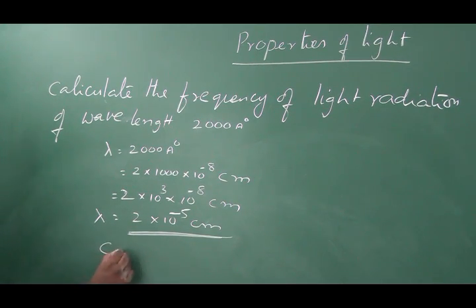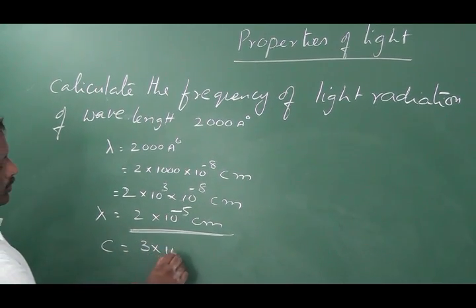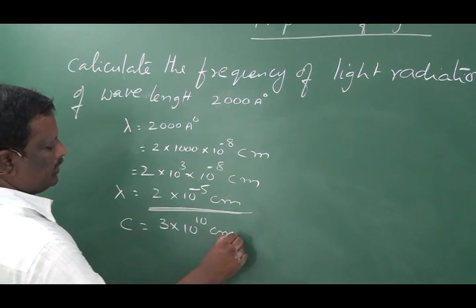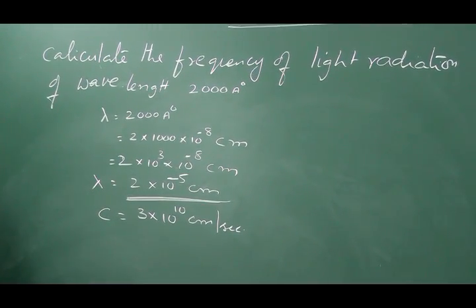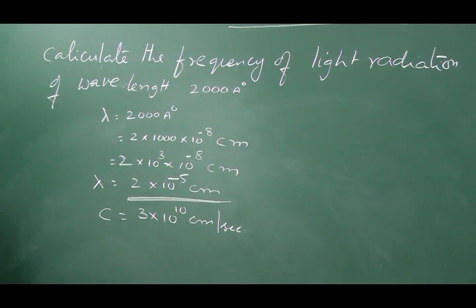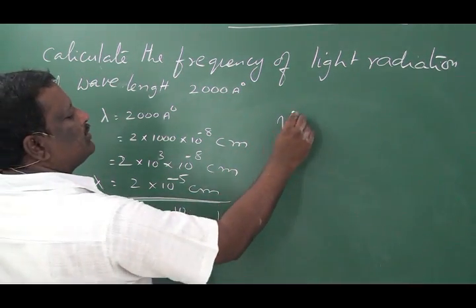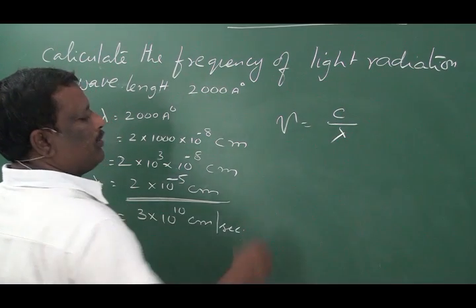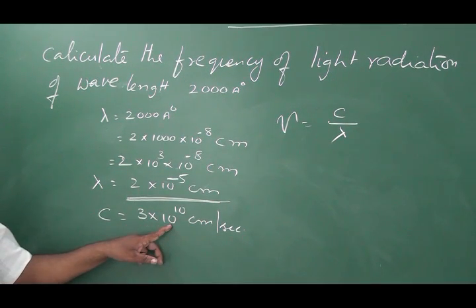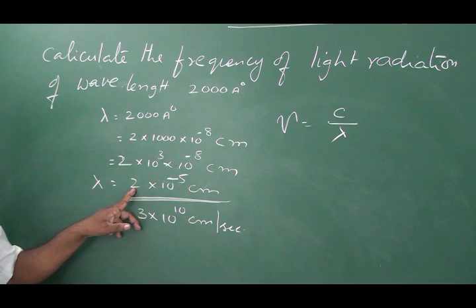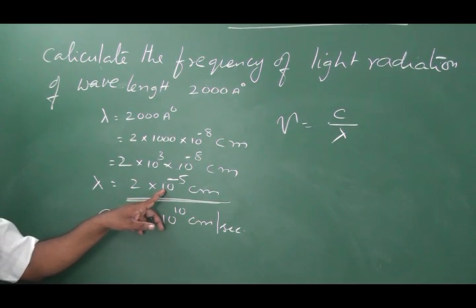Next, C is equal to 3 into 10 to the power 10 centimeters per second. This is the velocity of light. It is constant; whether it is in air or in vacuum, the value is the same. Now, they are asking for frequency. We know that frequency nu is equal to C by lambda. C is 3 into 10 to the power 10, whereas lambda is 2 into 10 to the power minus 5 centimeters.